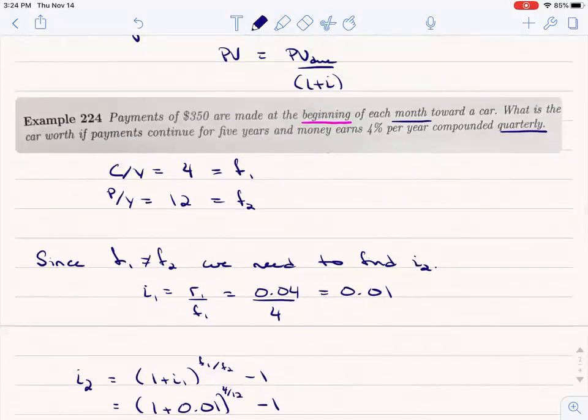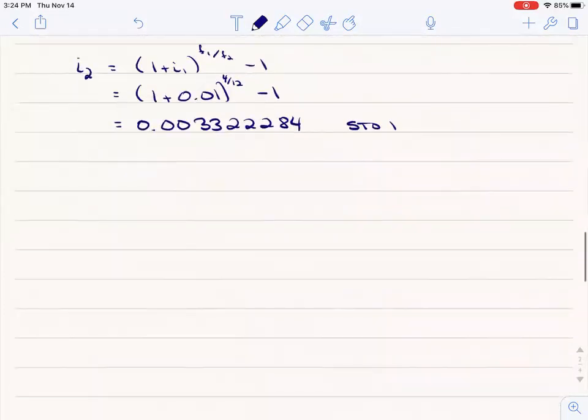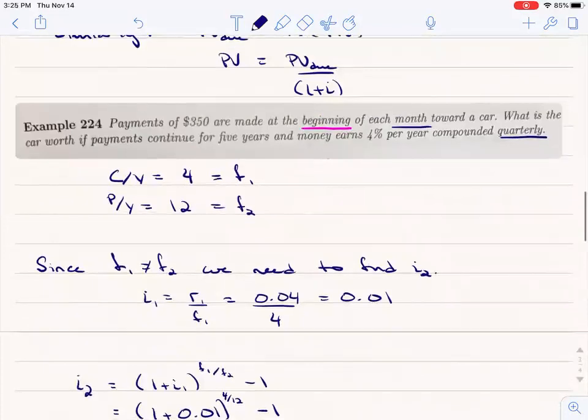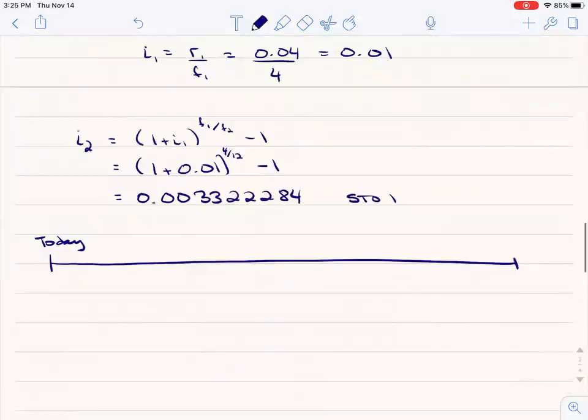we're ready to make our timeline for this. So we start today, right, beginning today. So payments of $350 are made at the beginning of each month toward a car. What's the car worth if payments continue for 5 years?